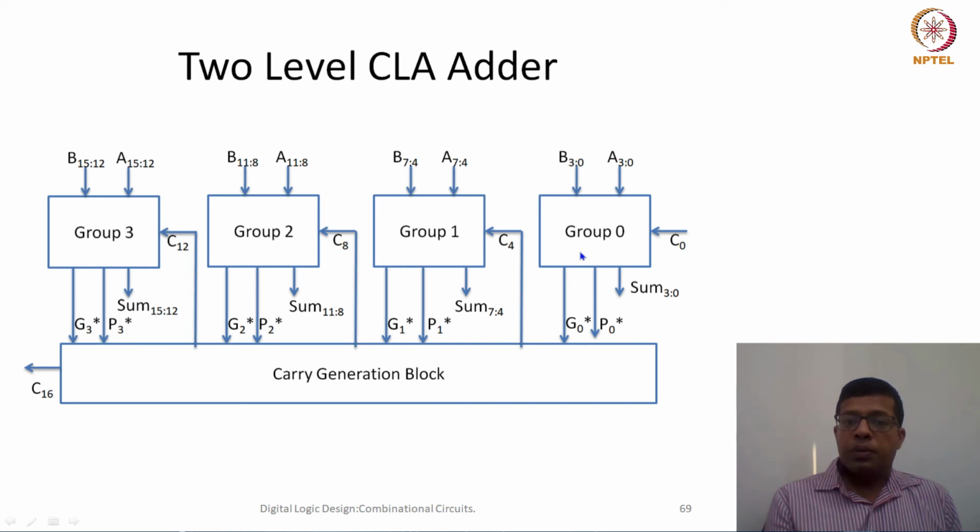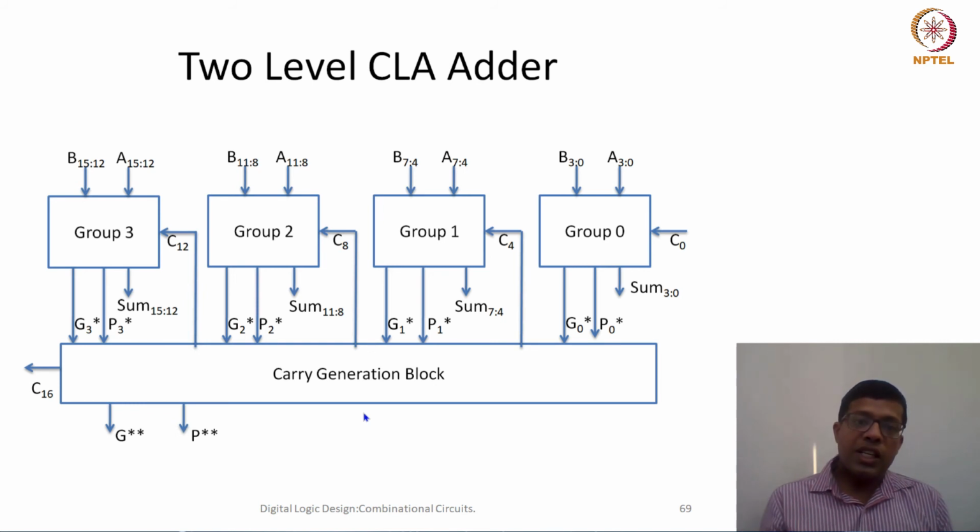This method can help us generate carries in an even faster, hierarchical way. Now we can find the carry at C4 in less time, so we'll do a quick analysis now.